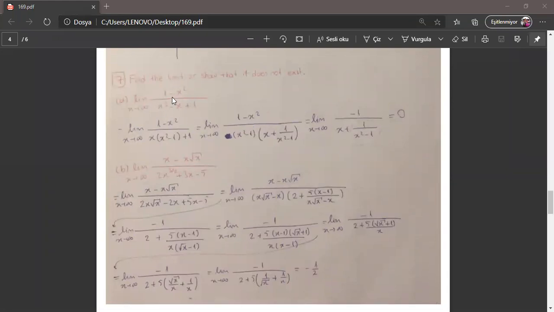So for this limit, we can write the denominator in this form. We just write this one, x to the 3 minus x, in the parentheses of x. Here we had +1, we write the same. So now we write this denominator in the parentheses of x squared minus 1.